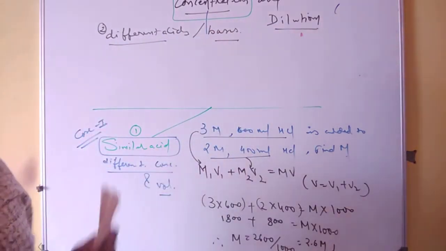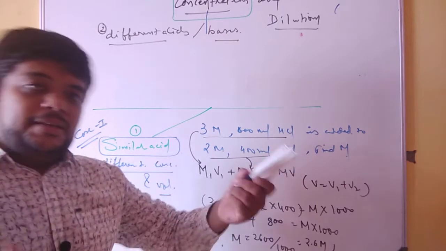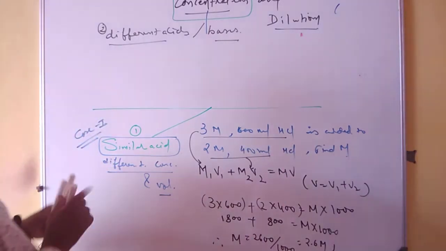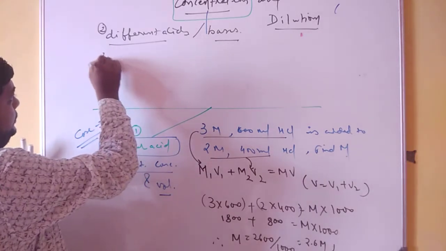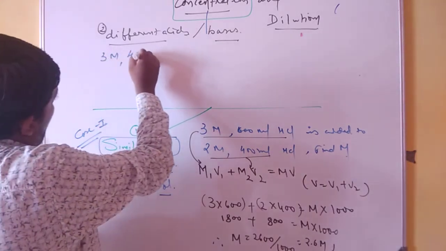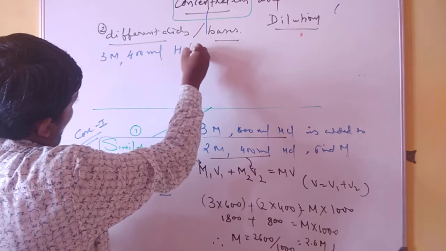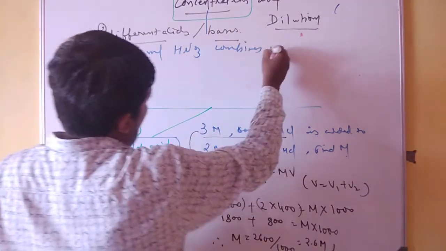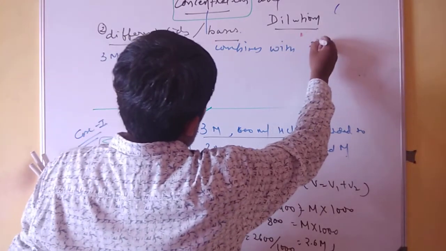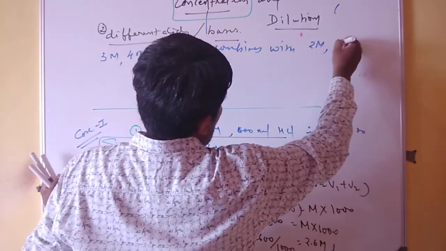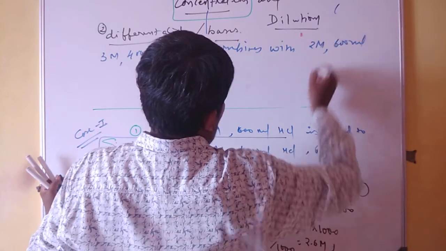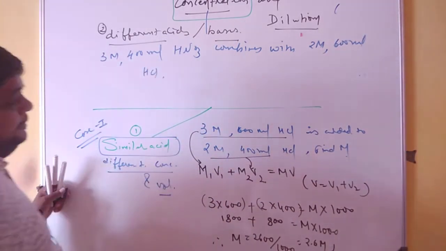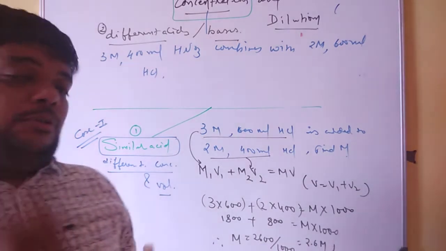Anything, different acids then all acids, different bases then all bases, and see what I am planning to do. 3 molar 400 ml nitric acid combines with 2 molar 600 ml hydrochloric acid. Find out the molarity.